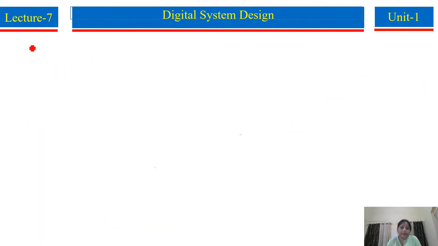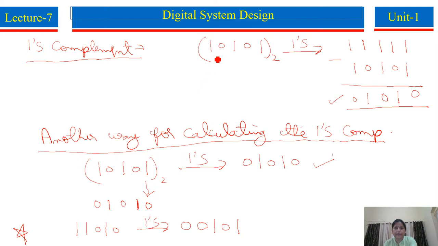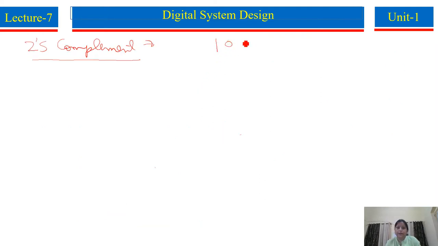Now next is twos complement. Previously I already explained, for calculating the twos complement, first of all you take ones complement, then add 1 at LSB. तो देखिए, last question we take 1 0 1 0 1. I want to calculate twos complement. तो कैसे निकालते हैं इसका twos complement?